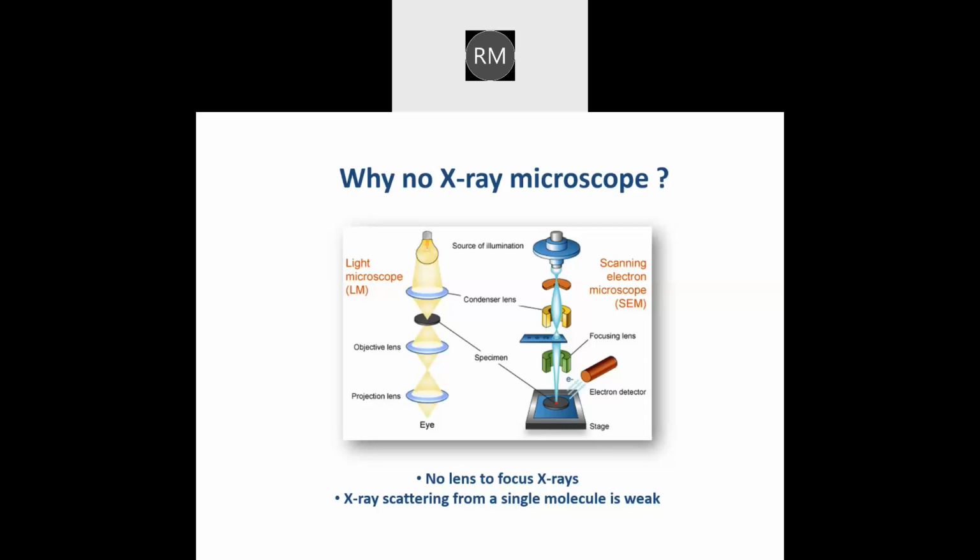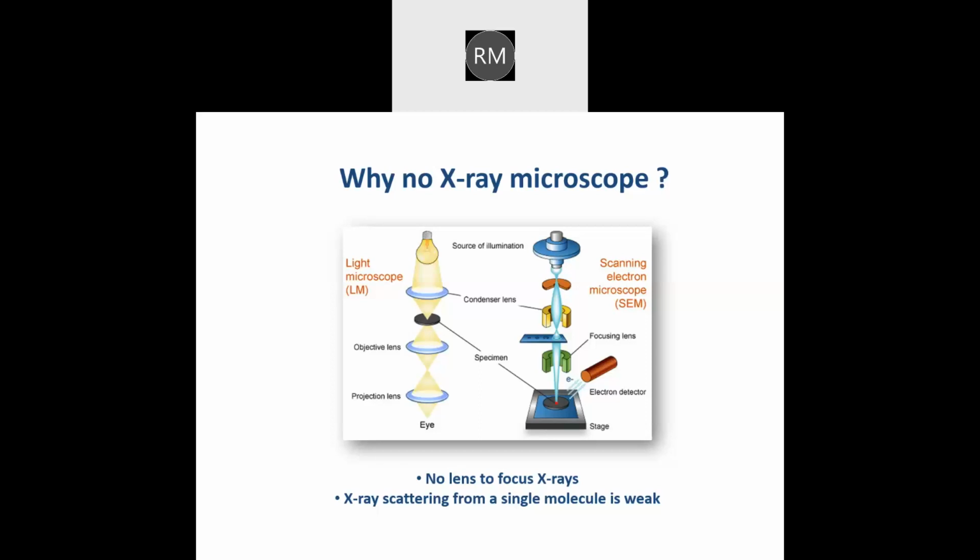Electrons can be bent by electromagnetic lenses, and one can get high resolution structures, not to the atomic level, but to a sufficiently high magnification by electron focusing. But the same thing cannot be done with X-rays. As a result, we cannot directly study molecules or atoms, and how they are arranged in the molecules.